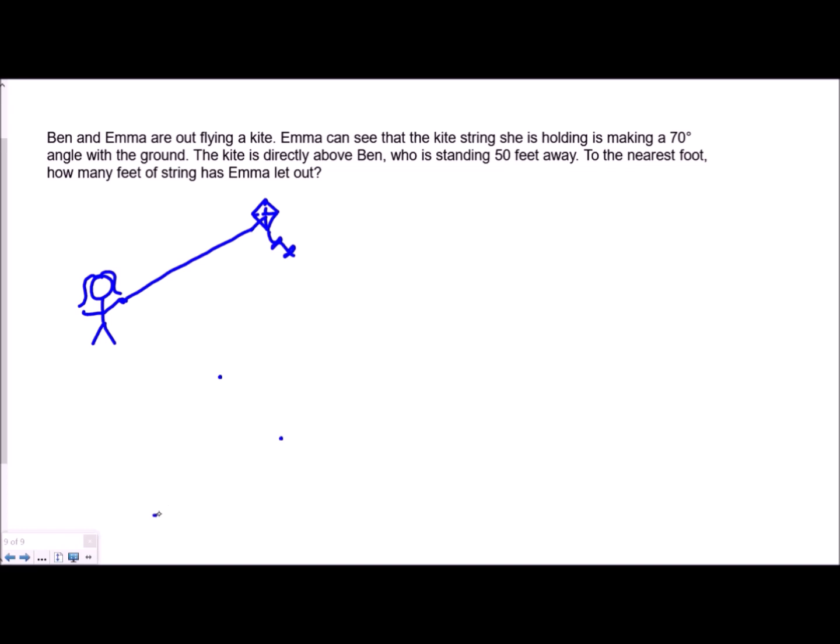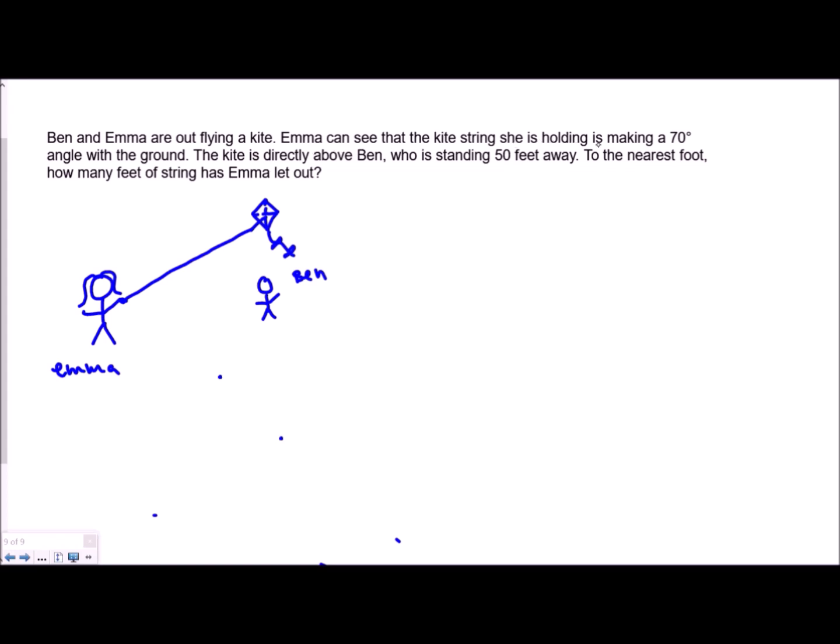There we go. There's Emma and her kite. And then the kite is directly above Ben, so Ben must be far away, so he must look a little smaller. Ben, Emma.